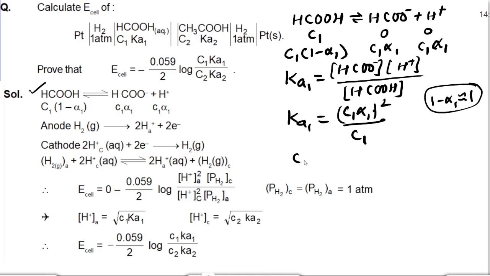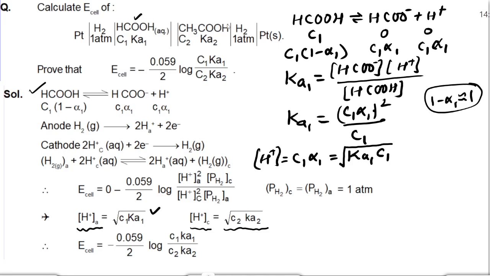So C1 alpha 1, that is the H+ ion concentration, is equal to the square root of Ka1 C1. That's why it is written C1 Ka1 for H+ at the anode, C2 Ka2 for the cathode.